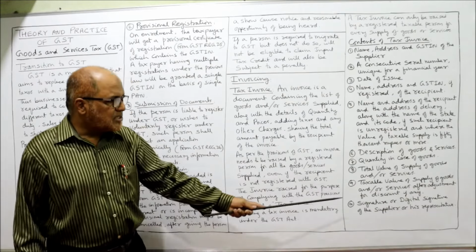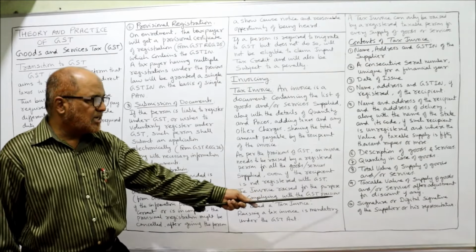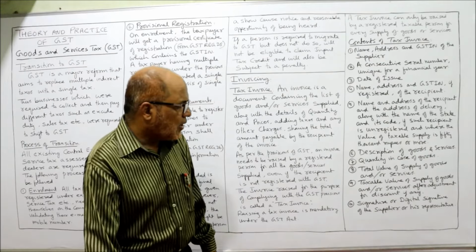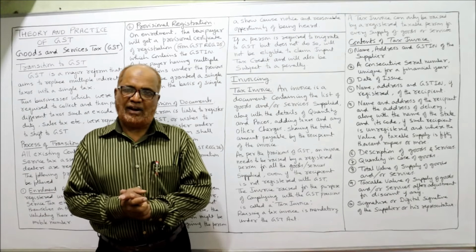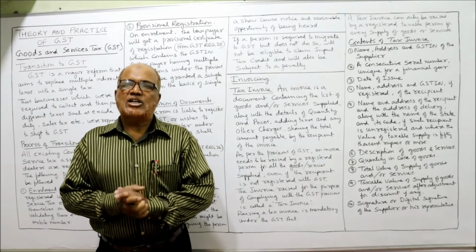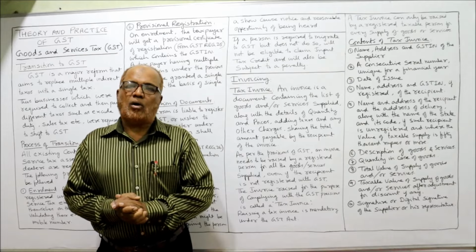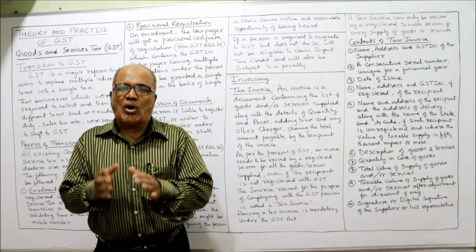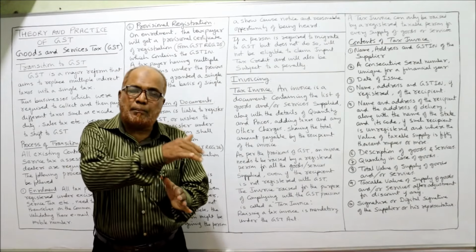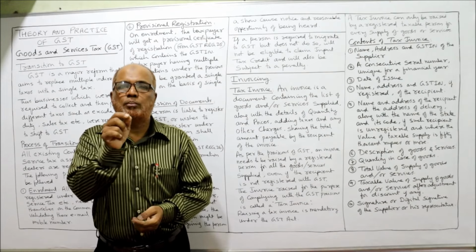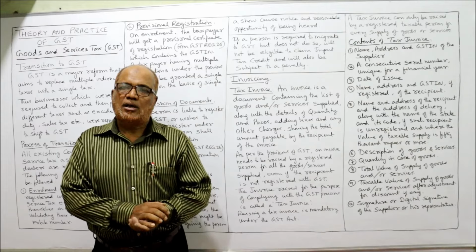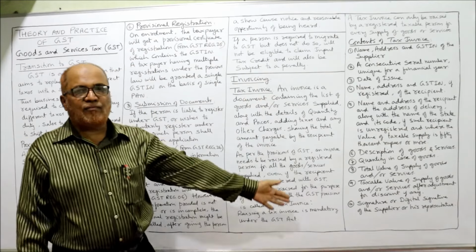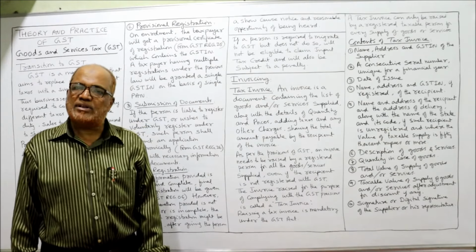Lastly, finally, signature or digital signature of the supplier or his representative should be given in the invoice. So these are the contents of a tax invoice I have explained.